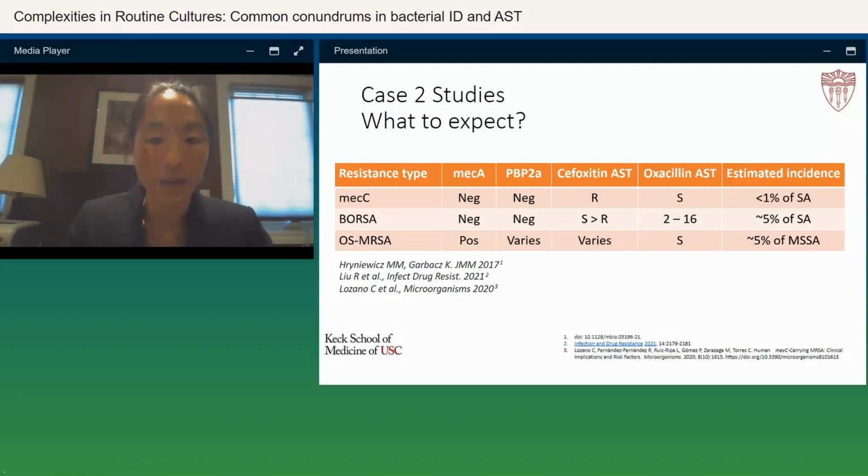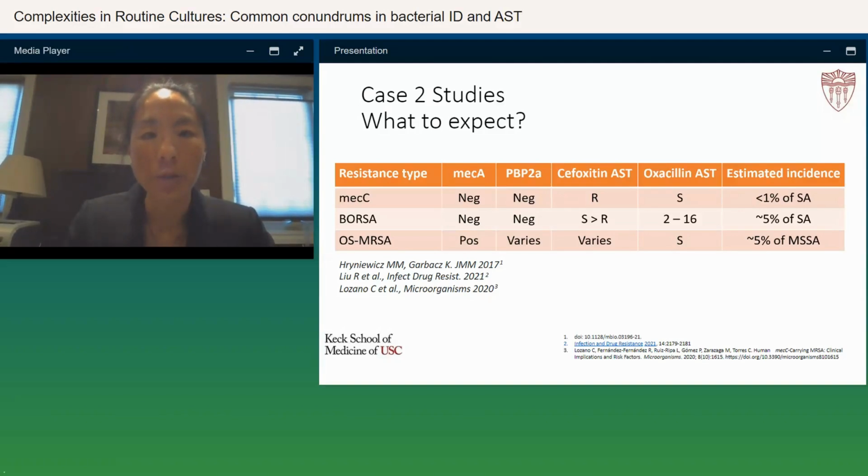And then finally, there's something called oxacillin-susceptible MRSA. These are Staph aureus that harbor the mecA gene, but the oxacillin testing doesn't seem to reflect that, and it's susceptible. So you have this discordance.